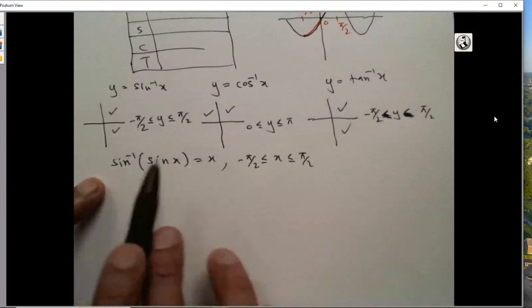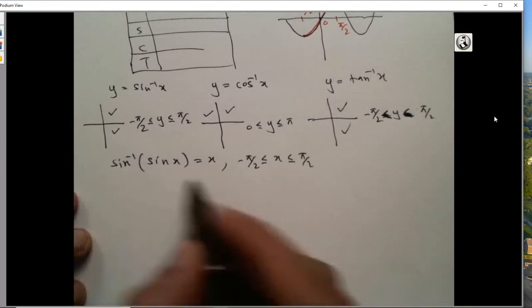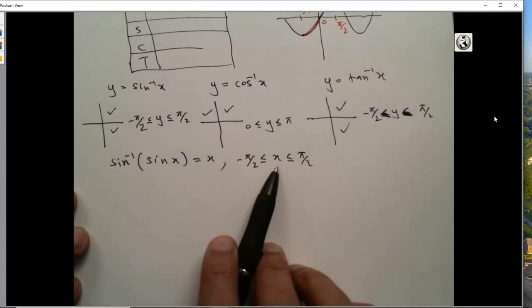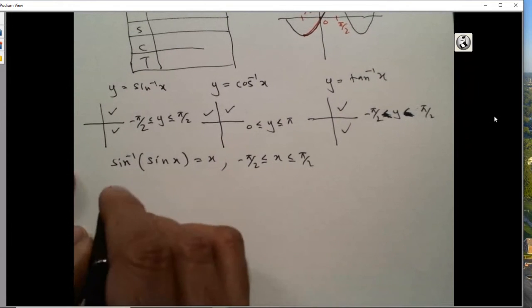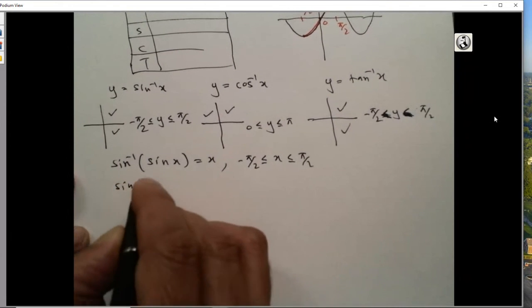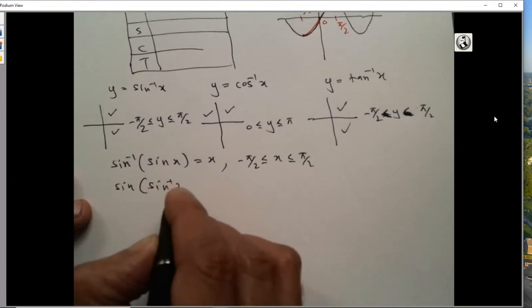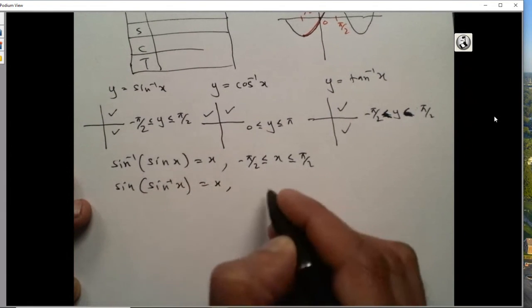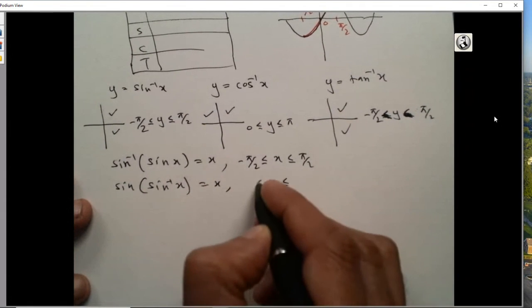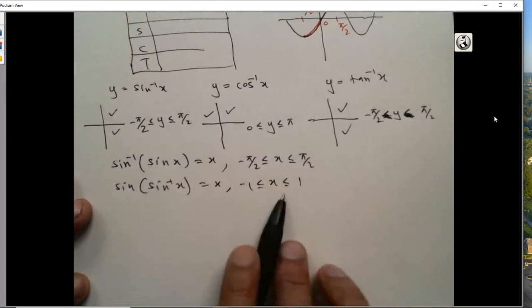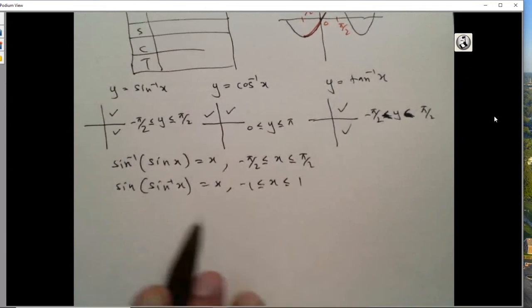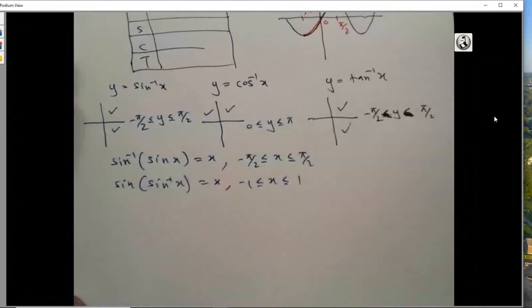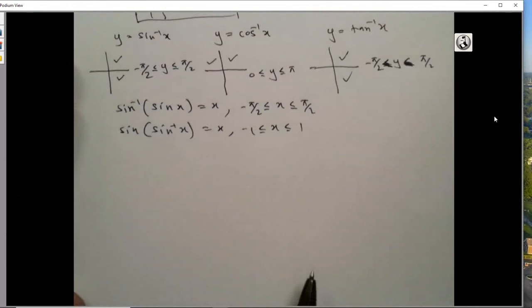You cancel out, you get x back, but only here. If you're outside, you can't do that. And then you switch the two, sine and sine inverse, but this one is easy. x just has to be between 1 and negative 1, that we know, since sine is between 1 and negative 1. Okay, those are the only major theories for these functions.